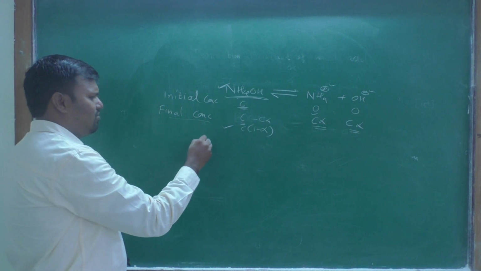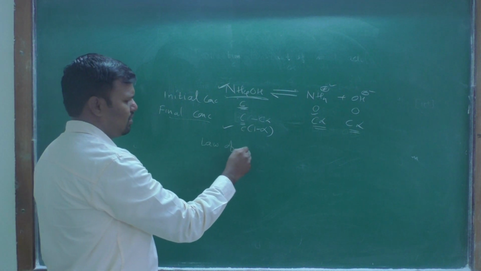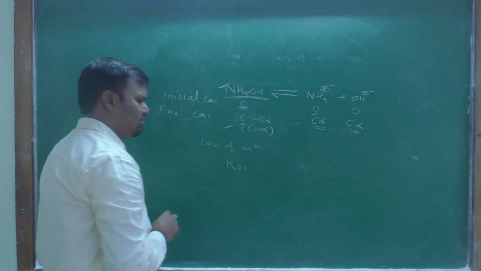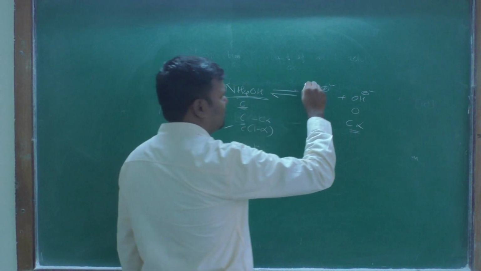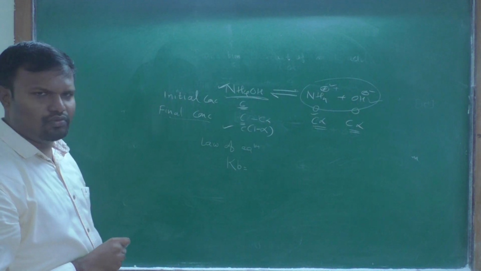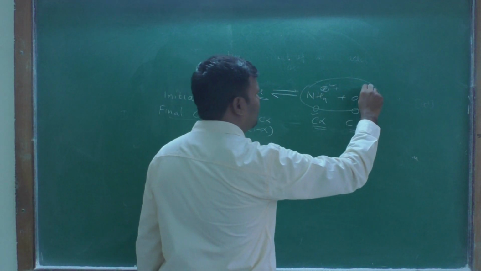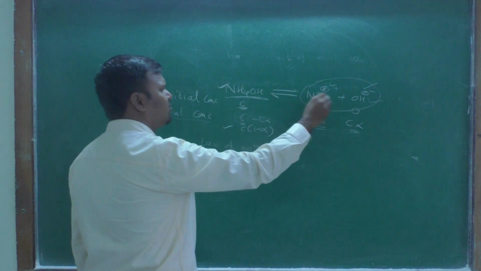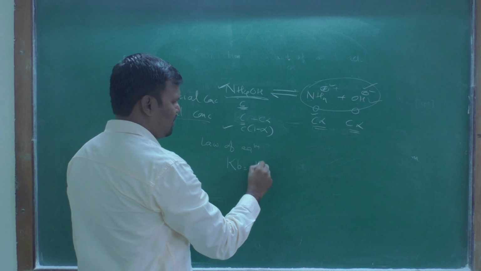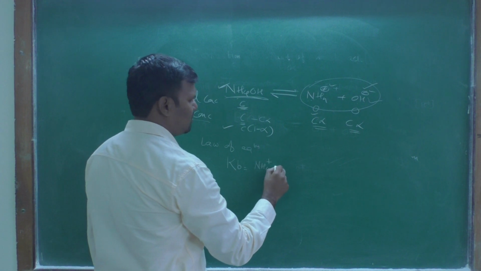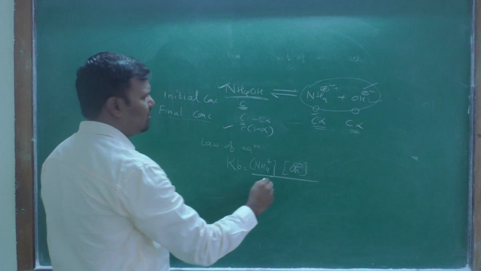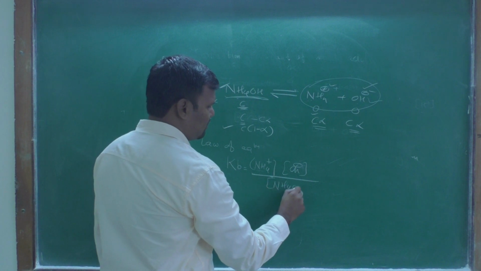Now we have the law of equilibrium. Kb is the concentration of NH4 plus and OH minus divided by the concentration of NH4OH.